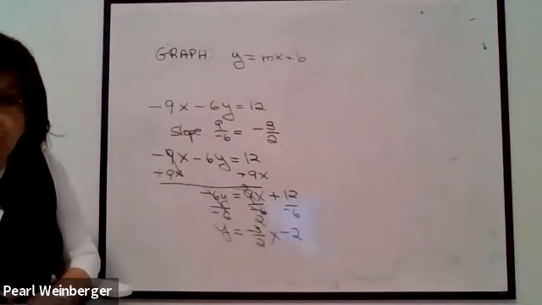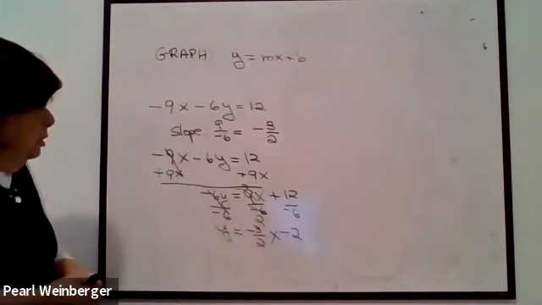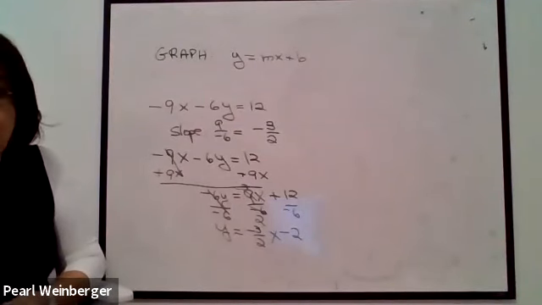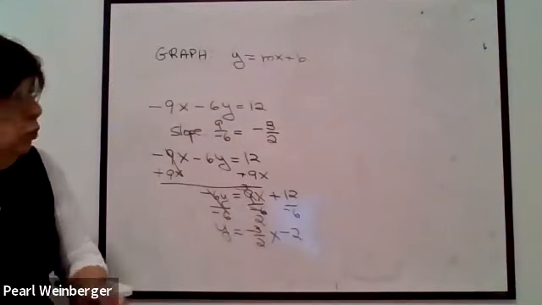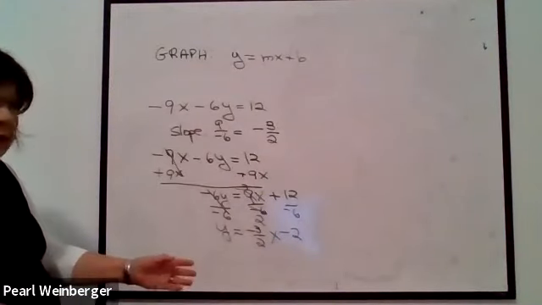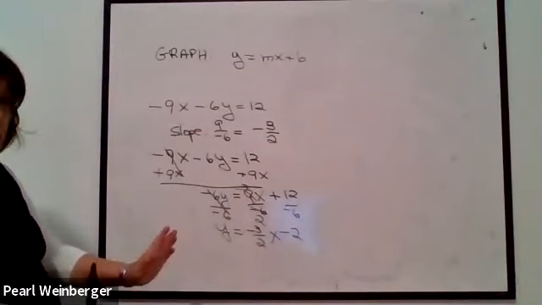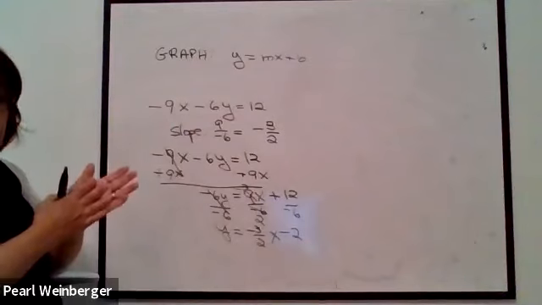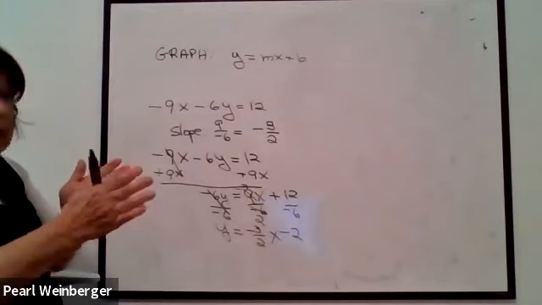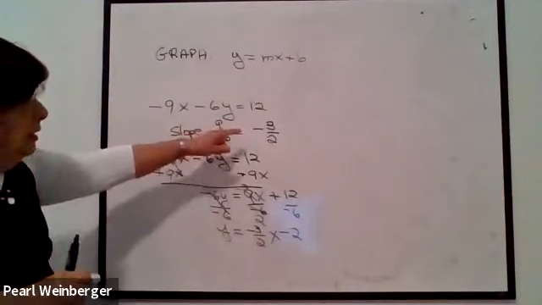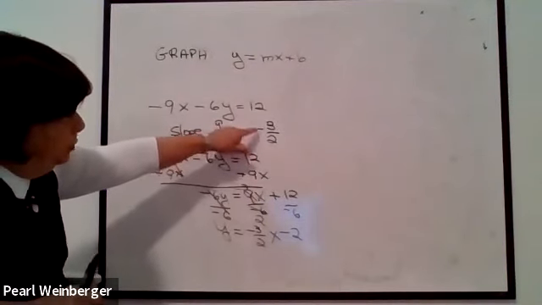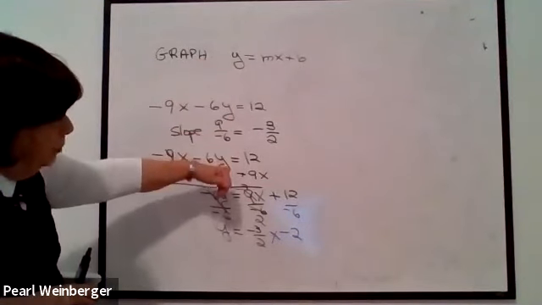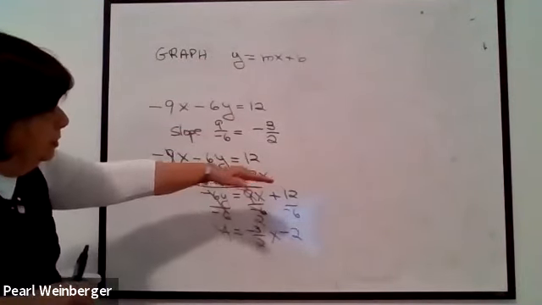Okay, so now that we know that this is the slope of the line, let's see what that information tells us. What does the slope tell us? Again, the slope tells us rise over run. It tells us as you go from one point on the line to another, how to do that. A slope of negative 3 over 2 means that from one point, you're going down 3, 2 to the right.